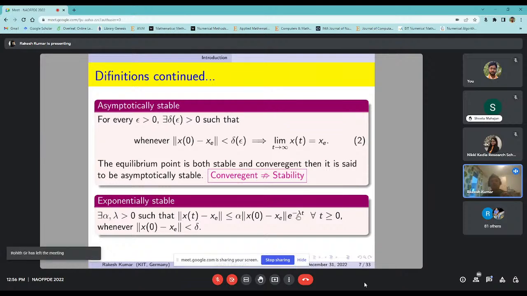It is a particular form of asymptotic stability. This lambda is the rate of convergence. So if you find exponential stability, you will be able to find the rate of convergence of the solution. That's why we study exponential stability.